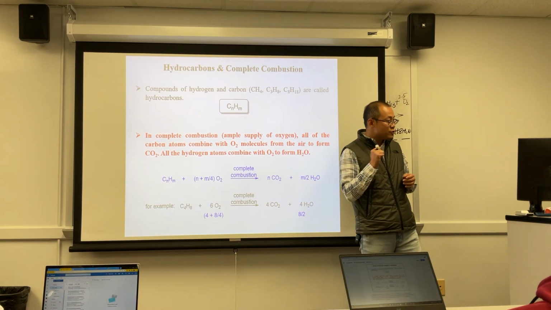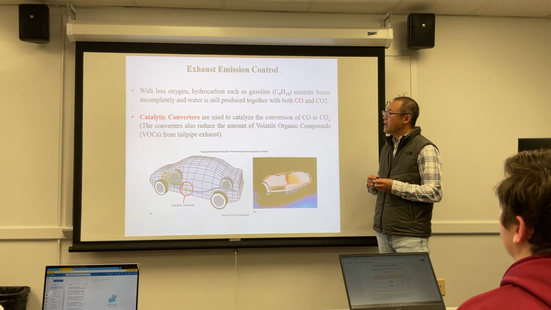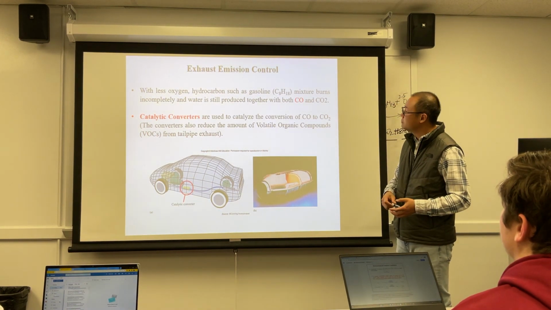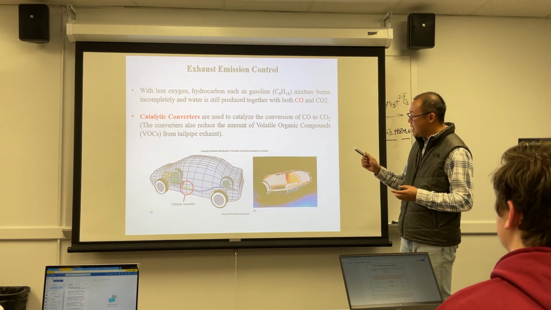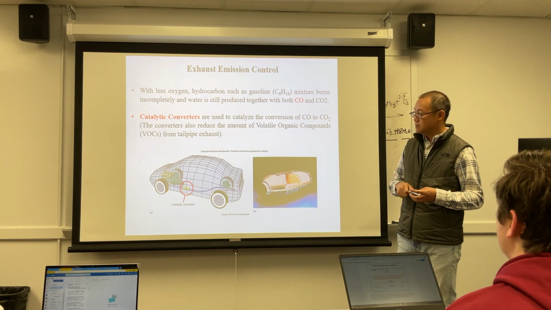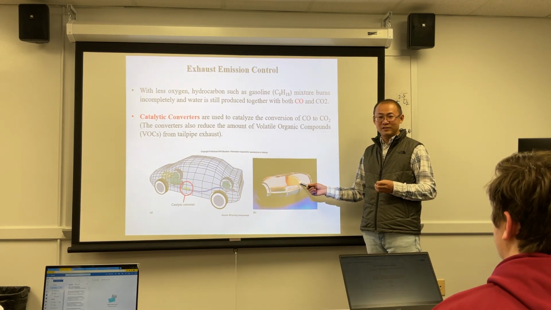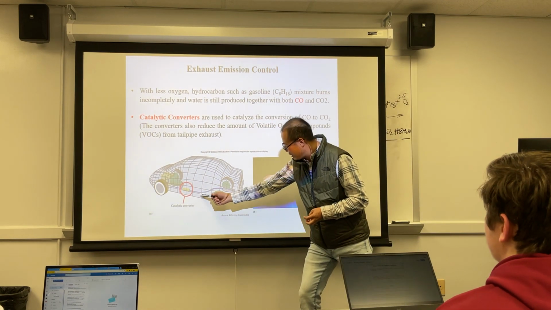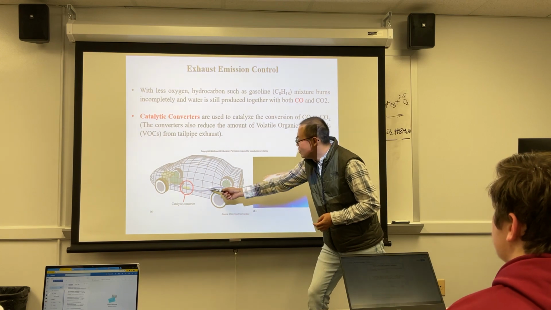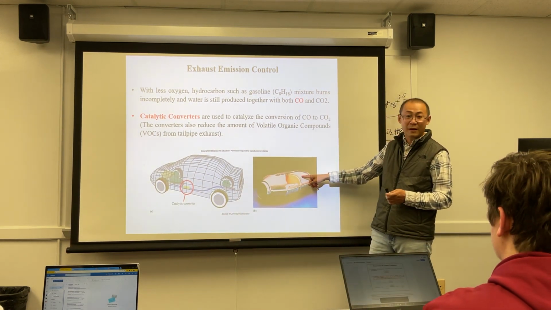So in order to reduce the amount of carbon monoxide, especially from gasoline, our vehicles have an extra device like this. Have you seen this before? If you look under your car next time, you will see a big box shape, either around here, near the exhaust pipe, or here in the middle. It depends on how the car is manufactured. You will definitely see the big box.